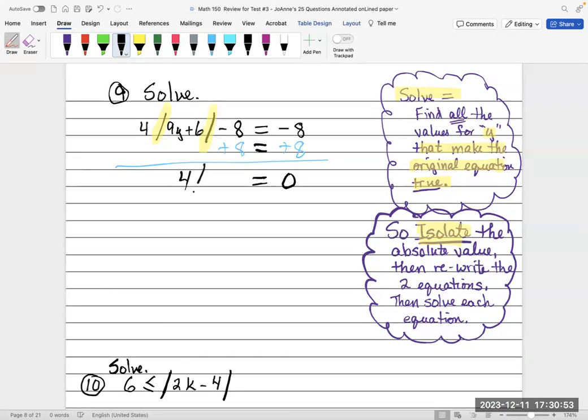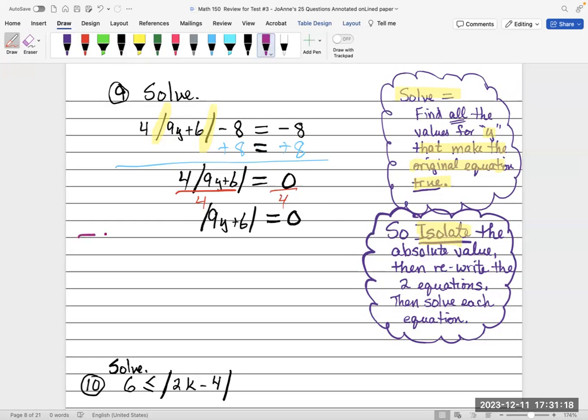I now have 4 times the absolute value of something. So the opposite of multiplying is dividing. So I'm going to divide both sides by 4. 0 money divided by 4 people is 0. And so I will be left with the absolute value of 9y plus 6 equals 0.